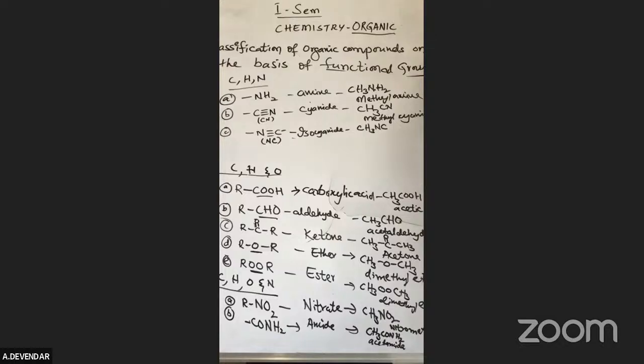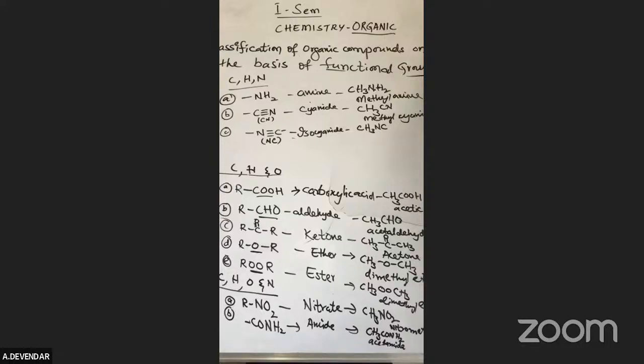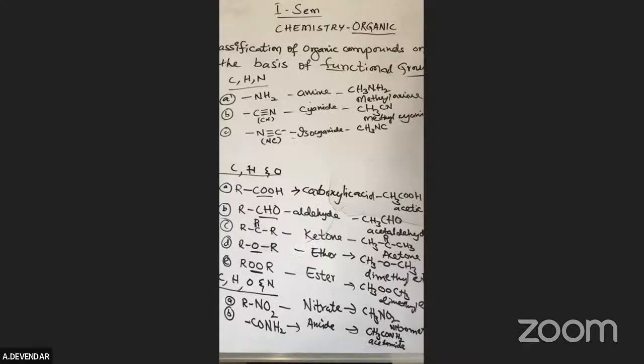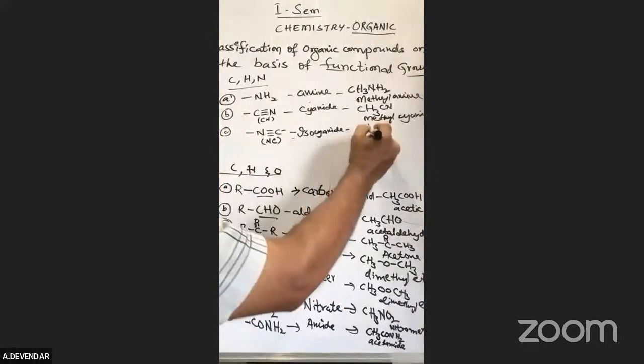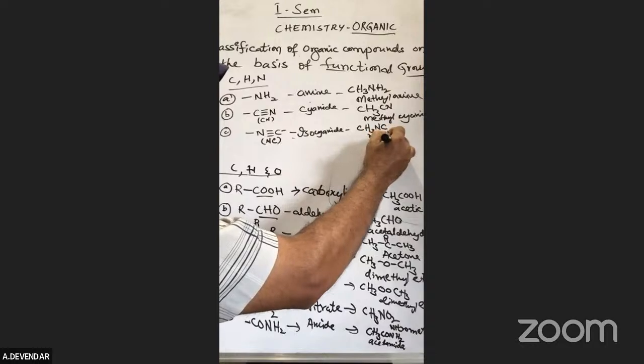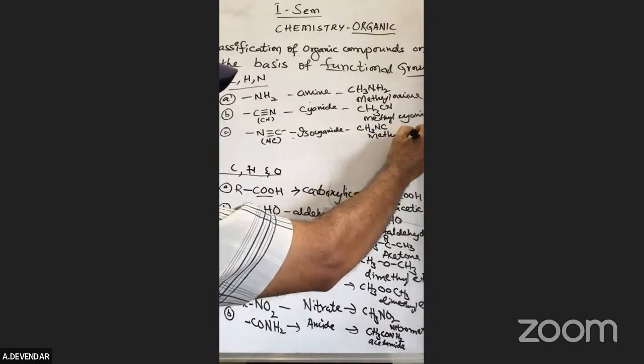In December 1988, around December 23 in Bhopal, Madhya Pradesh, a tanker blasted with methyl isocyanate. Almost 20,000 people died because of this methyl isocyanate.